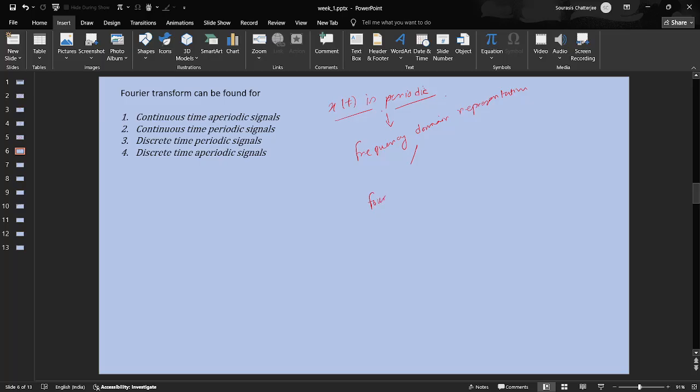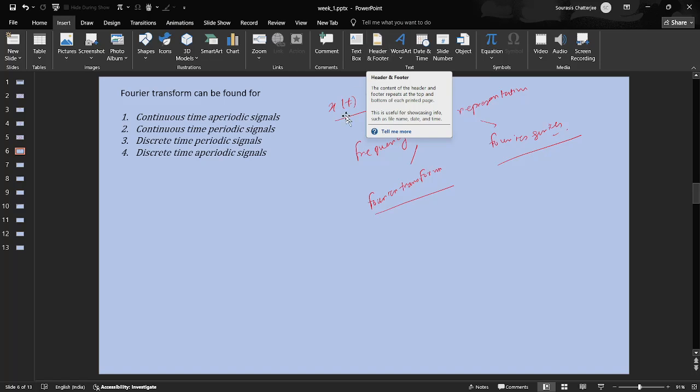One is already part of our question here, that is the Fourier transform, and another thing is the Fourier series. So can you tell me, for a periodic signal x(t), which one applies? Are you going to do a Fourier transform or a Fourier series here? Any idea? Fourier series. Fourier series, okay.